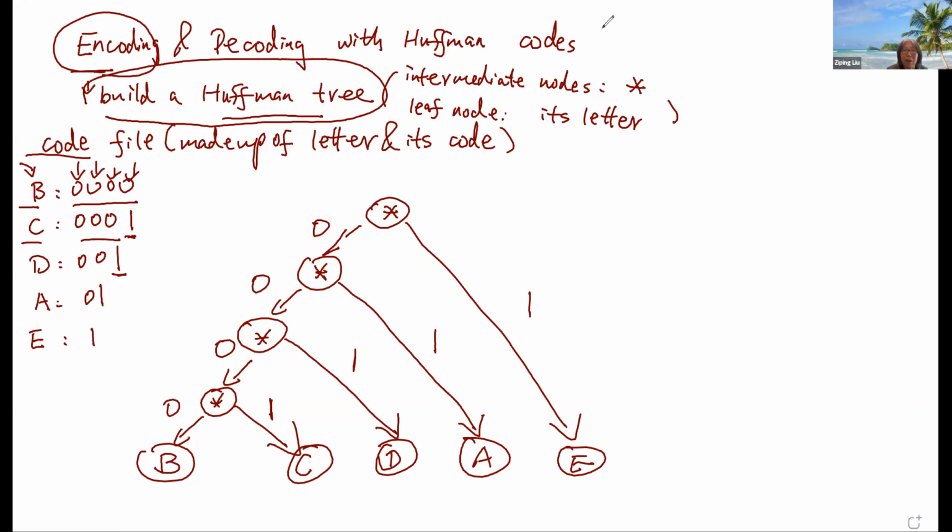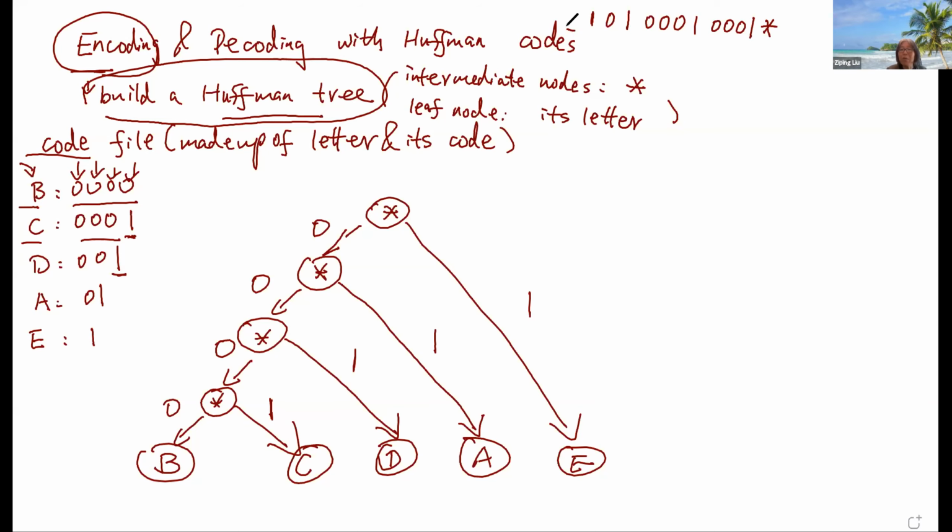Okay, then let's see this example. So here we have some sequence of code. We have 1, then we have 0, 1. Okay, then we have 0, 0, 0, 0. And then we have 0, 0, 0, 1. And then we have a star.